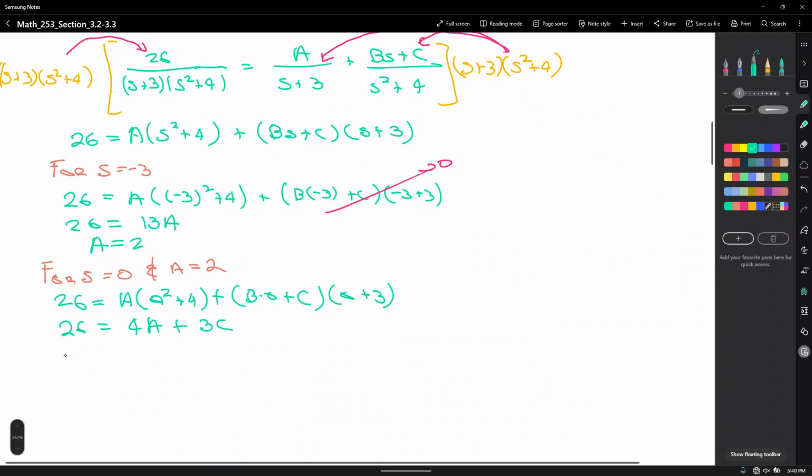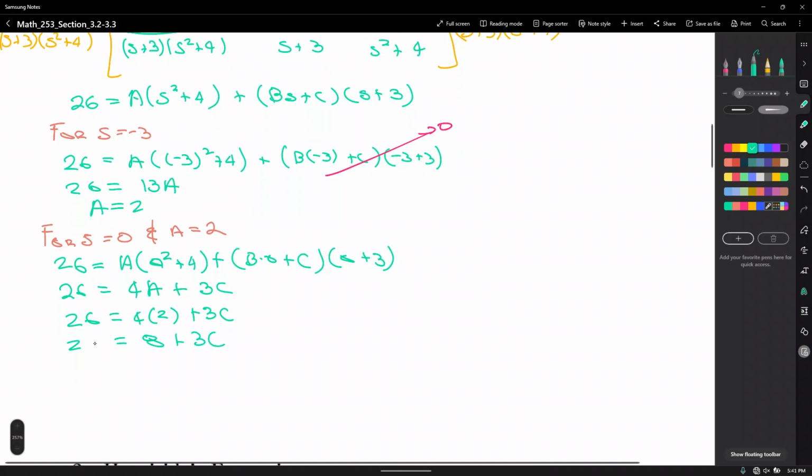So substituting a equals 2, 26 equals 4 times 2 plus 3c, 4 times 2, which is 8. So 26 equals 8 plus 3c. Subtract 8 from 26. Isn't that 18? So 3c equals 18. And what's next? And c equals 6. All right.